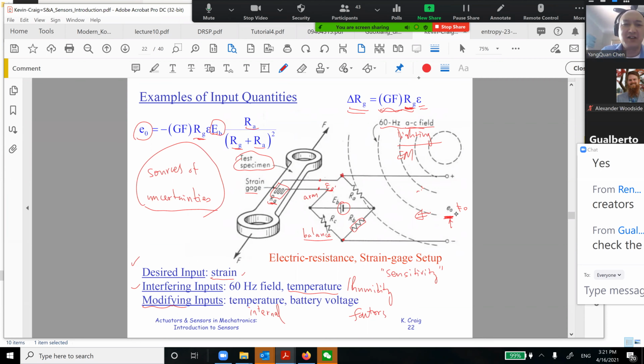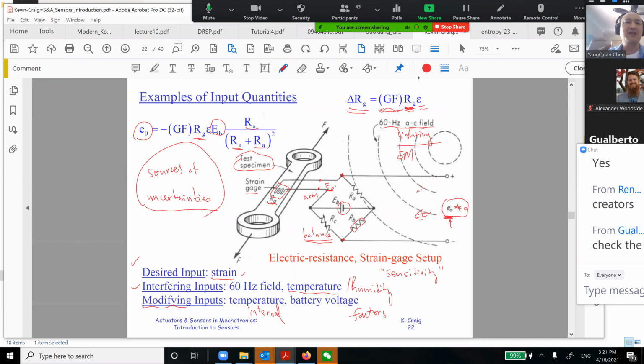So the output here is not zero, okay? So we can tune that one to zero, okay? This is called balance. So if you do not stretch it, just stay as is, natural position, then I can tune RC to see that E0 is 0.